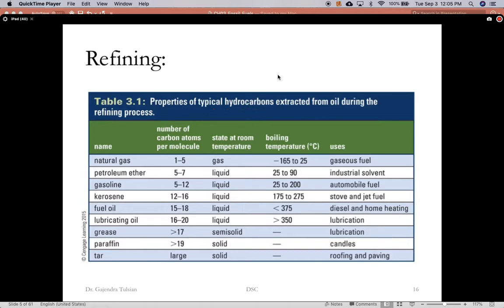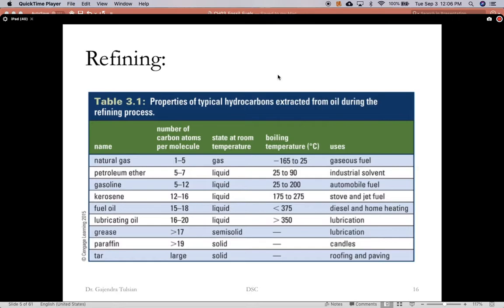Here are properties of typical hydrocarbons, and you see natural gas. This is the number of carbon atoms. Natural gas has methane, which has one carbon atom. Natural gas has many different compounds. So you see, as the number of carbon atoms increases, the boiling temperature increases.